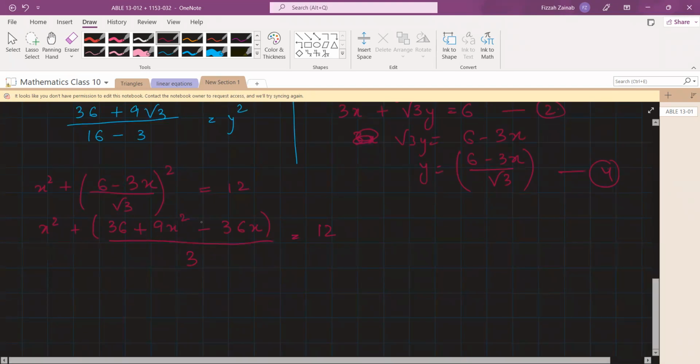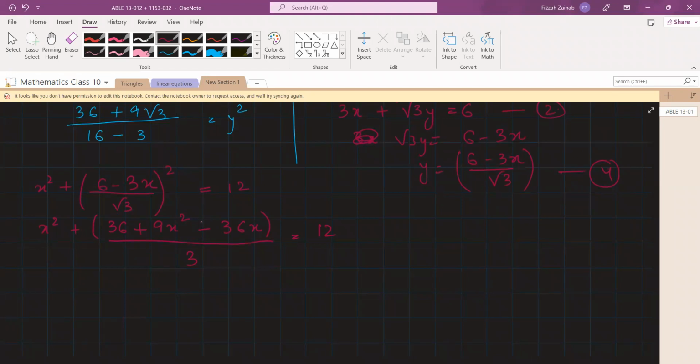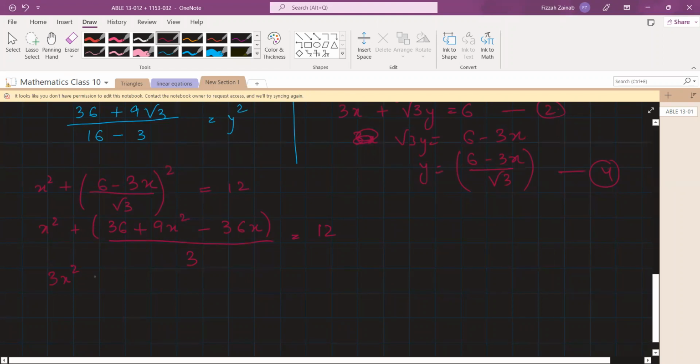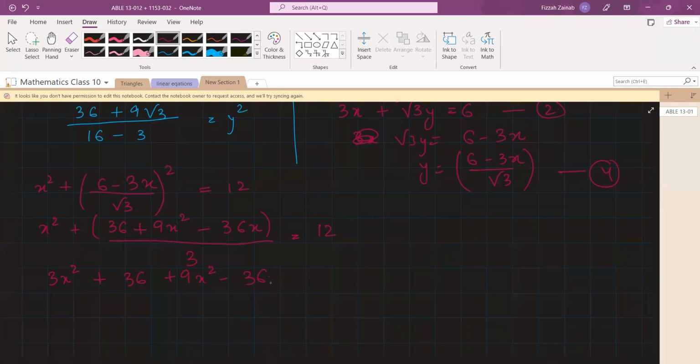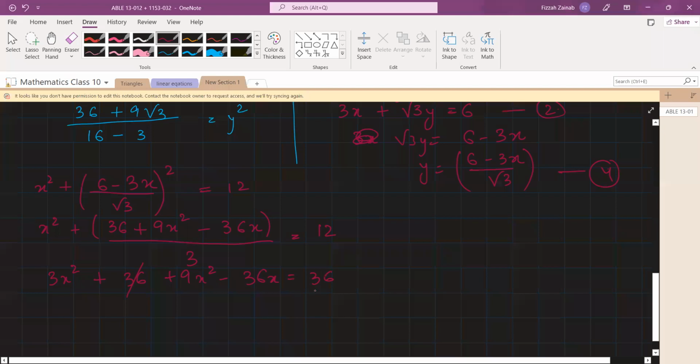36 plus 9x and then minus 36x, right? Yes, ma'am. So now take LCM. So this becomes 3x square plus 36 plus 9x square minus 36x, and 12 into 3 is again 36. So I can directly cancel 36, 36.